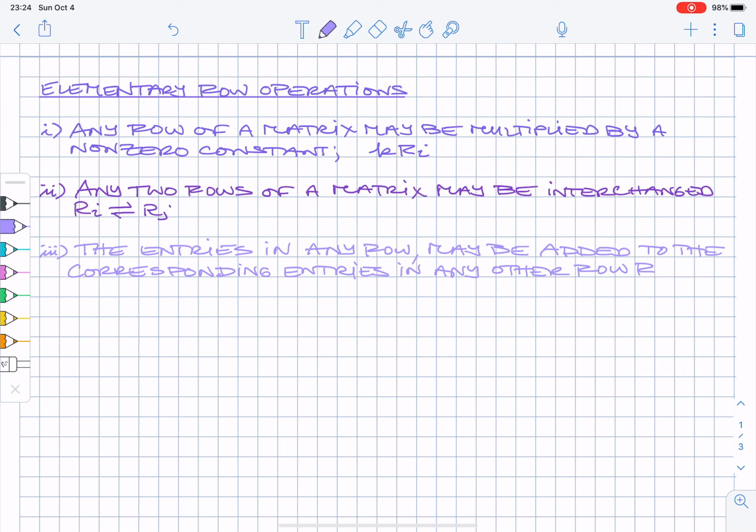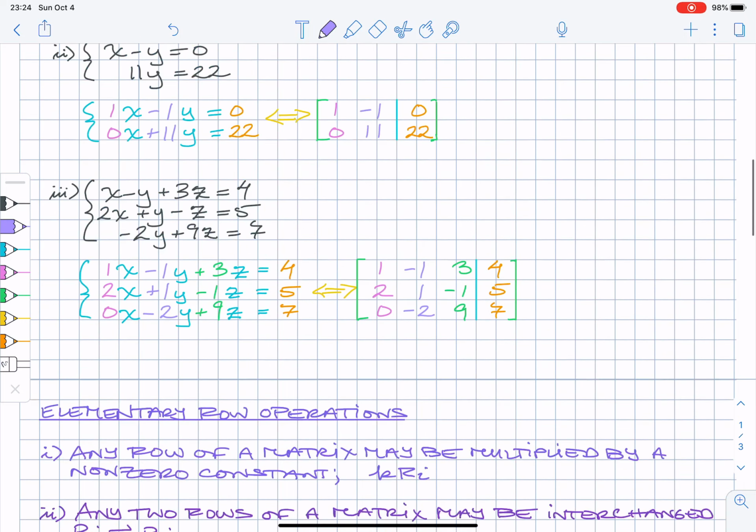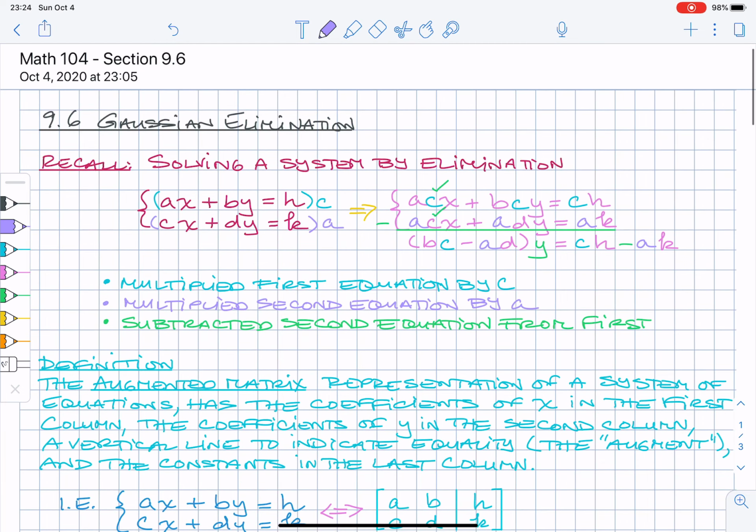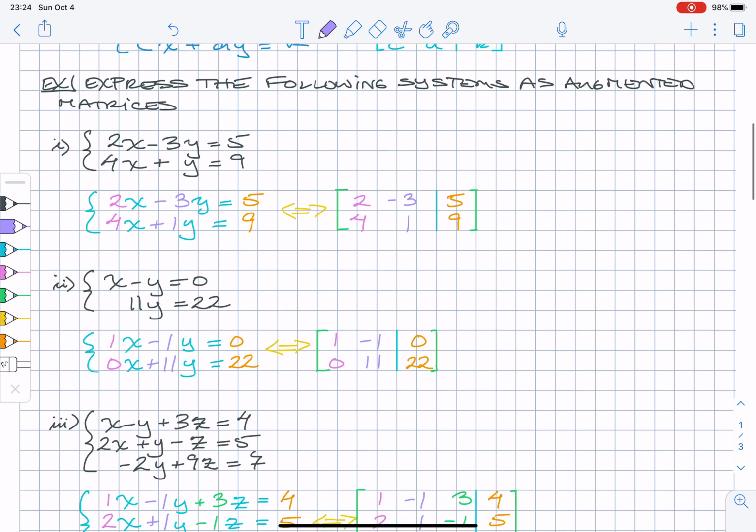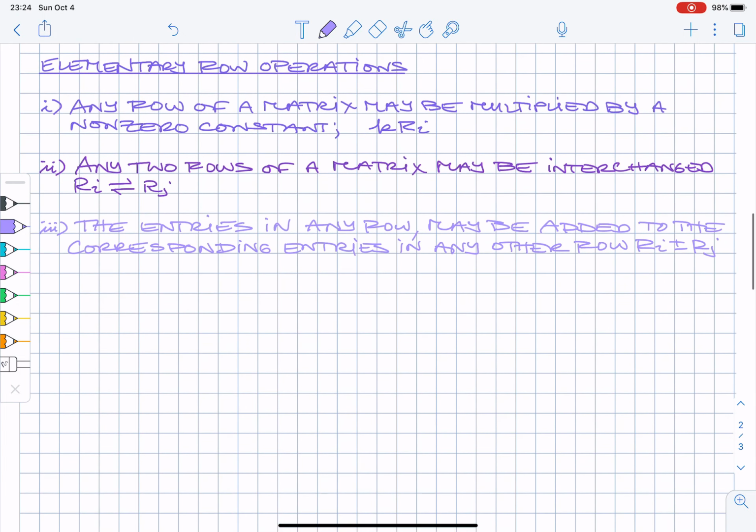So we call this row I plus or minus row J. And do you agree that I subtracted 1 row from the other? And we're allowed to do that within matrices, though it's going to be a little bit different. So let me show by example in a moment.